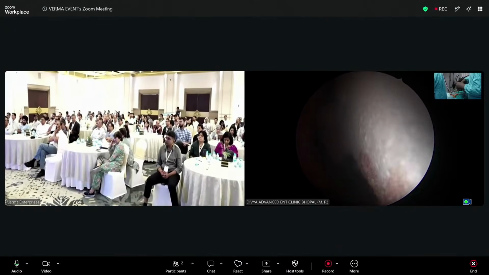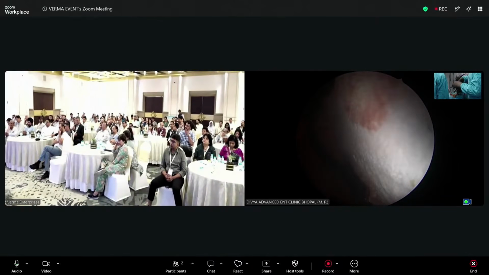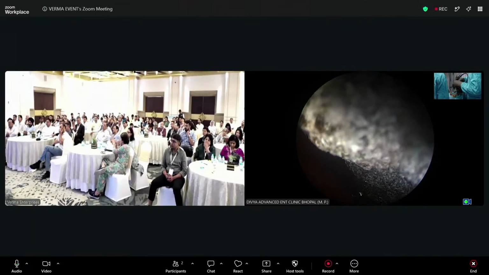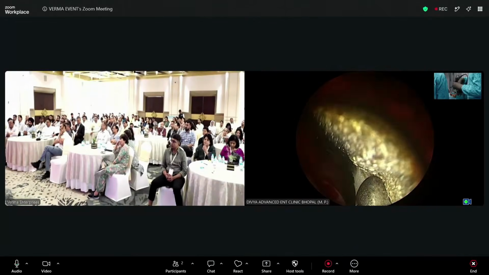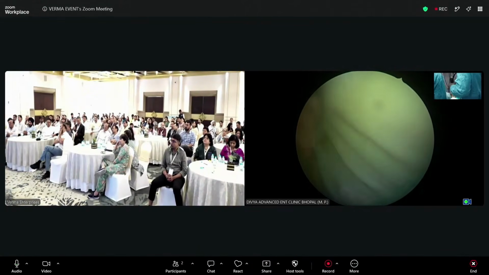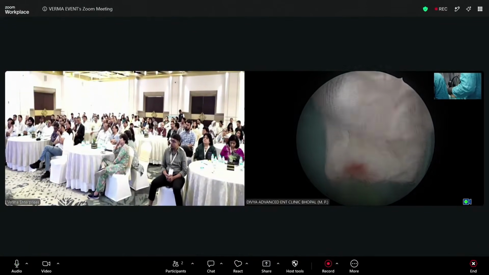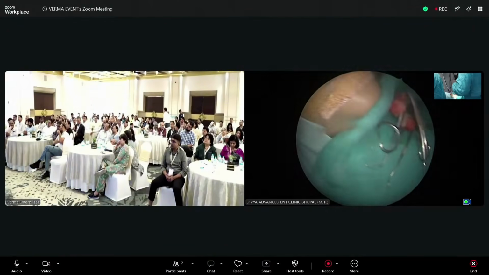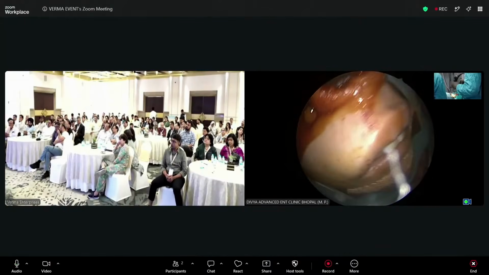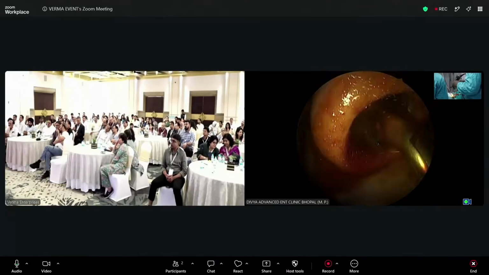This merocel is being pressed with another merocel. That's it. And I will make them swell with the povidone iodine. So the entire assembly remains fixed till the anterior nares, so it will not get displaced. See this? Till the anterior nares, everything is pressed.